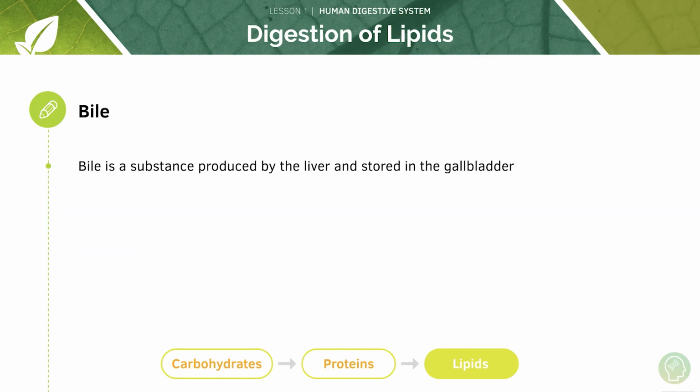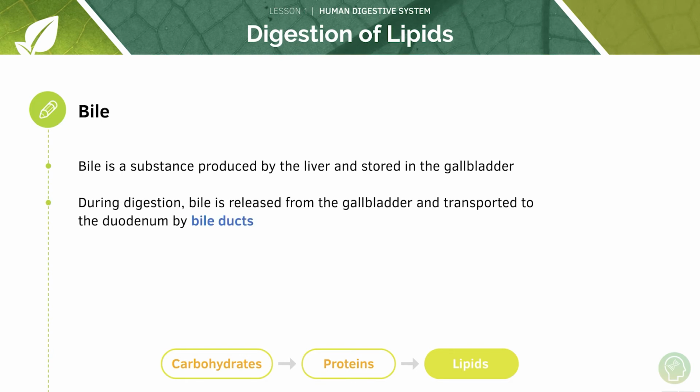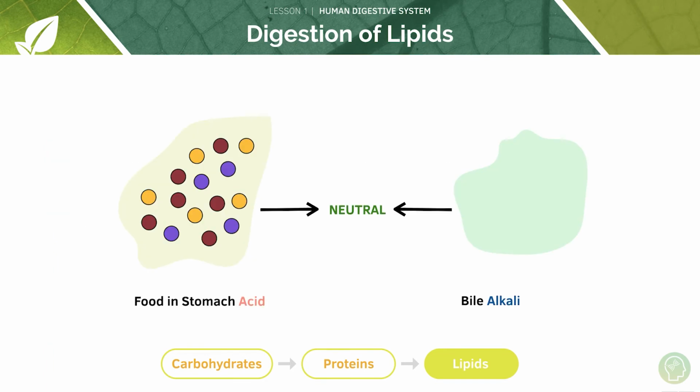So as I mentioned earlier, bile is a substance produced by the liver and it's stored in the gallbladder. But during digestion, bile is released from the gallbladder and transported to the duodenum via bile ducts. And this is where, in the duodenum, that bile then emulsifies the lipids. And just note that bile is alkaline, whereas the stomach is an acidic environment, remember, and it has a pH of 2.